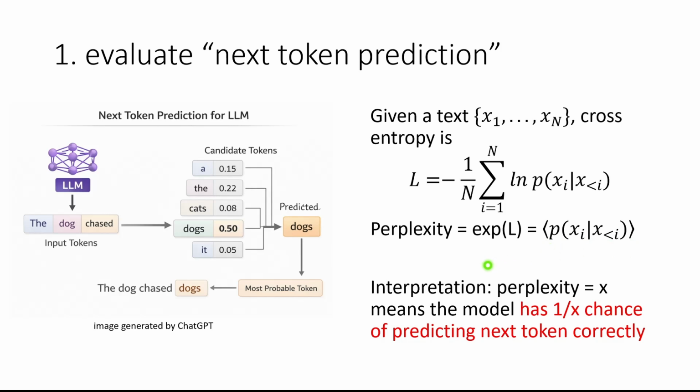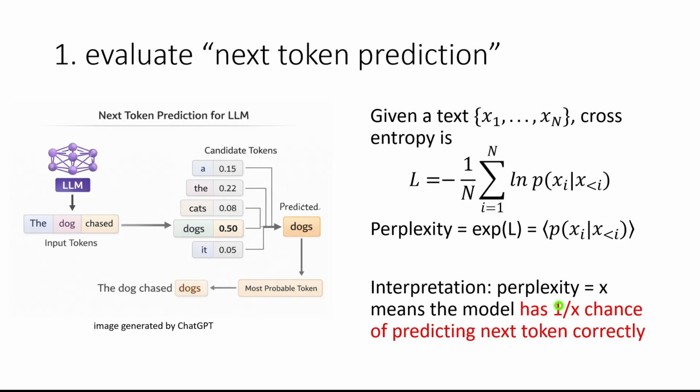We can interpret the perplexity as this. If the perplexity is x, it means that the model has a 1 over x chance of predicting the next token correctly. For a good model, x could be as low as 5 to 10.